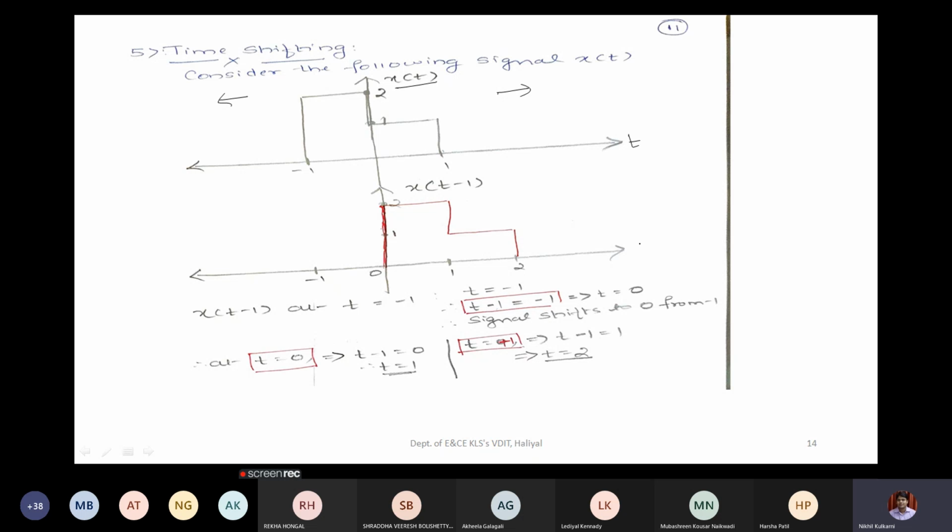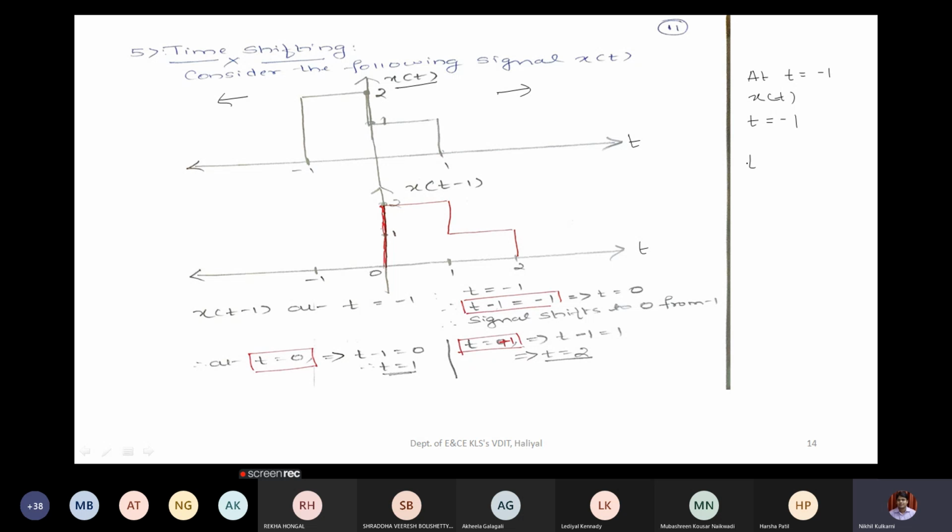This is the time axis. Consider t equal to -1 in x of t.